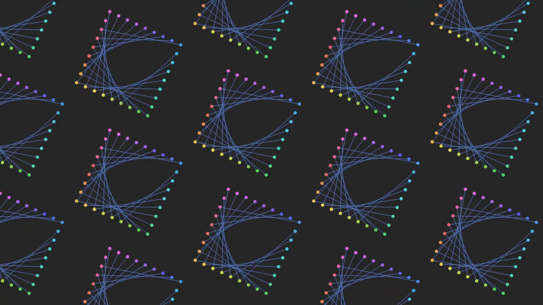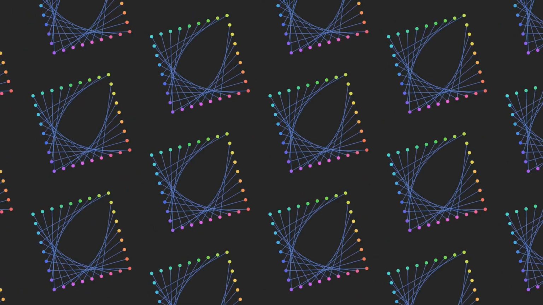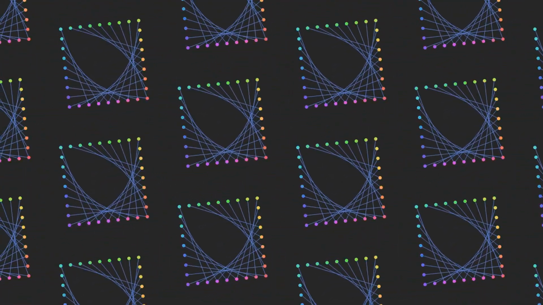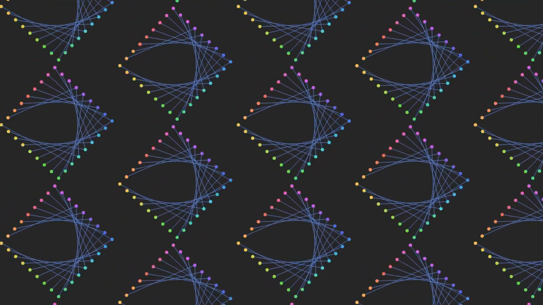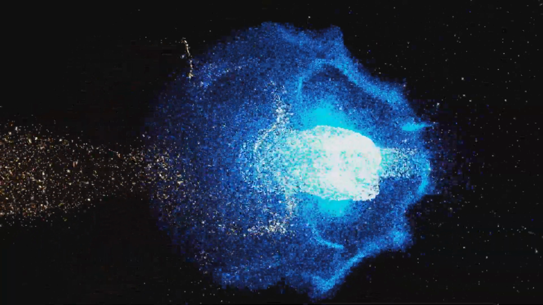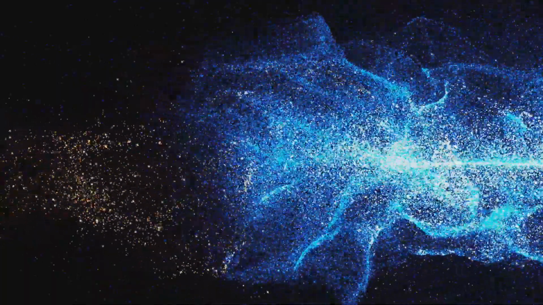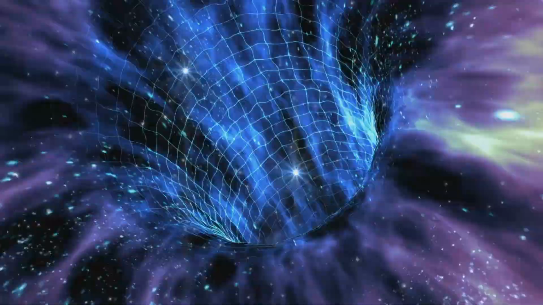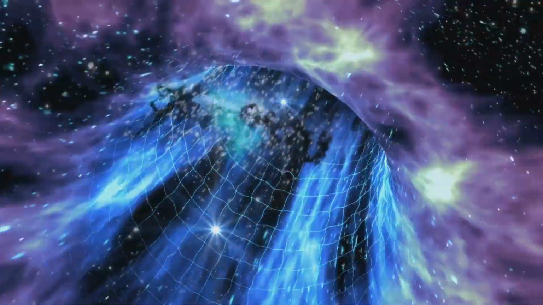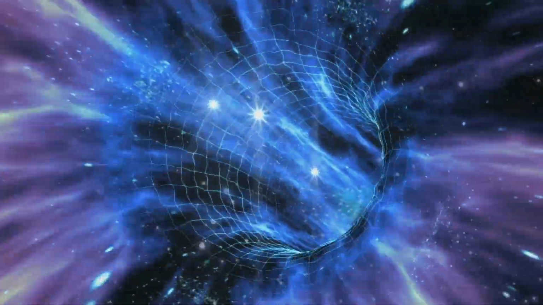It suggests that gravity is not just a force, but an emergent property arising from the interactions of these fundamental loops and nodes. LQG offers a fresh perspective on some of the most profound questions in physics. For instance, what happens at the singularity of a black hole, where gravity becomes infinitely strong?